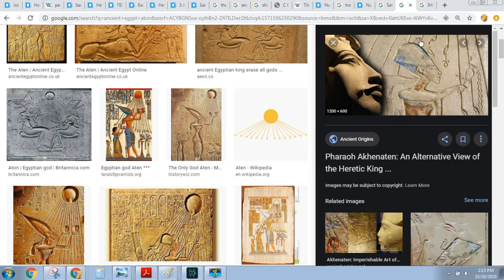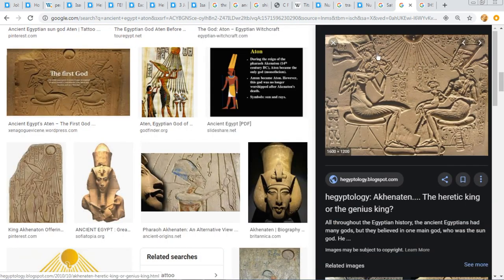Which hand Aton? Akhenaton usually has this right hand, and he pours in the spirits, and the spirits will be on the left hand. You can see that the right hand is over here on Aton, and the left hand will be over here to Satan.